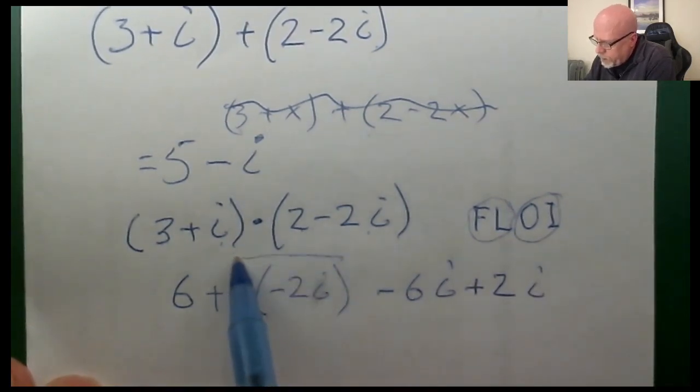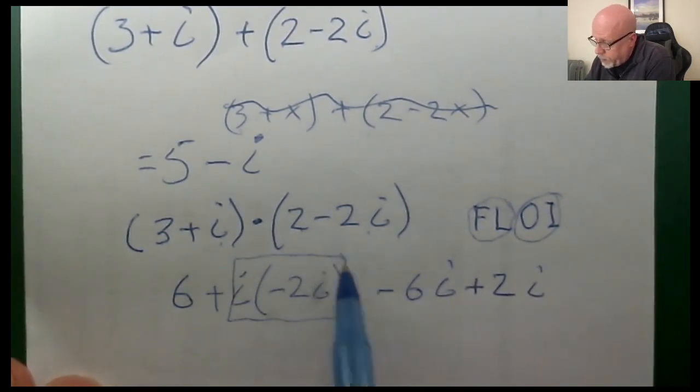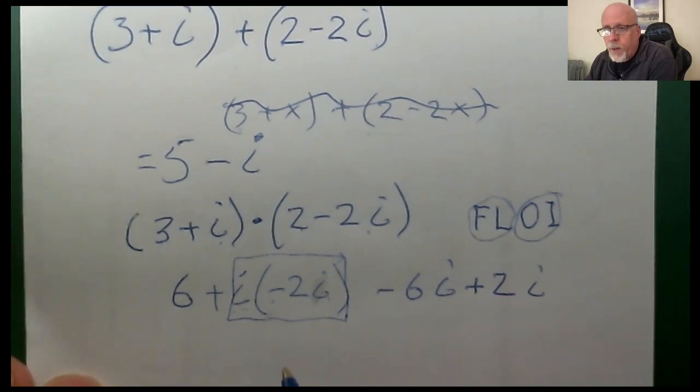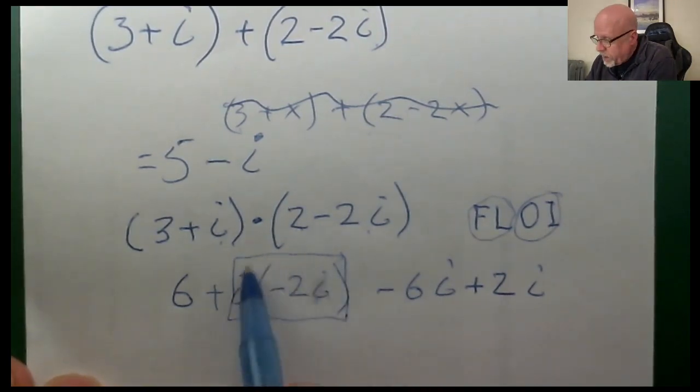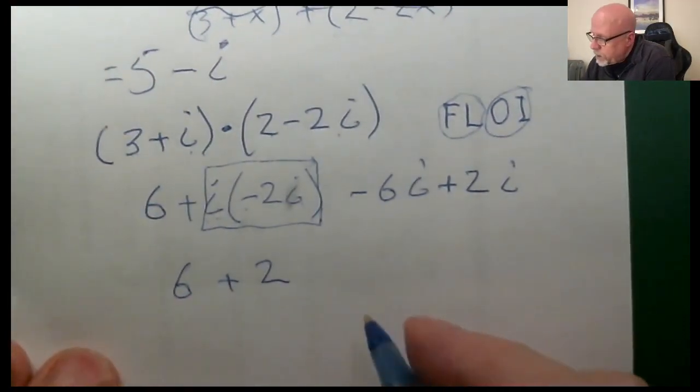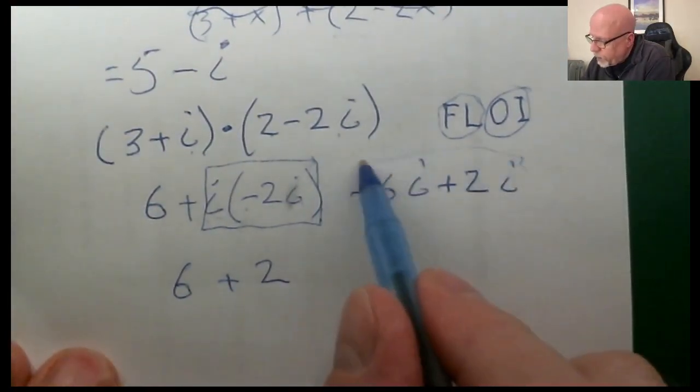But this piece that I wrote has an i and another i in it, and when you multiply those two bits together, you're going to get an i squared. So there are 2 copies of i in the thing. So in fact, what you've got is negative 2 times i squared. But we have to not forget that i squared is negative 1. So that thing I put a box around is actually a plus 2. 6 plus 2, and we can combine those two.